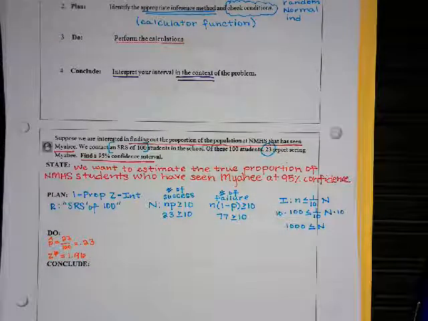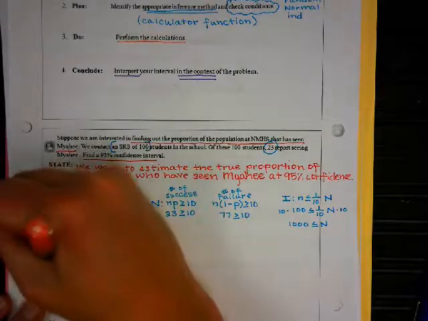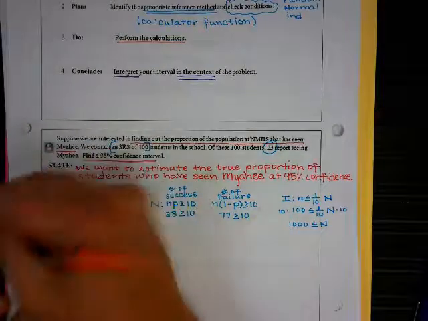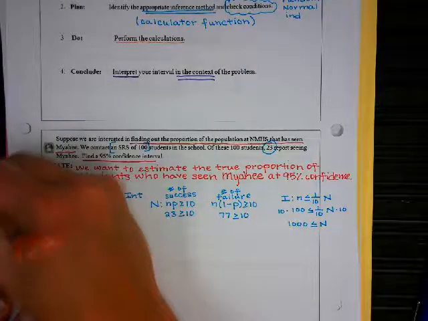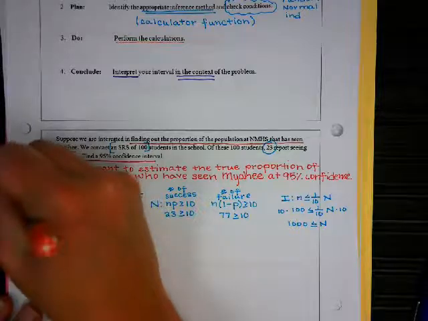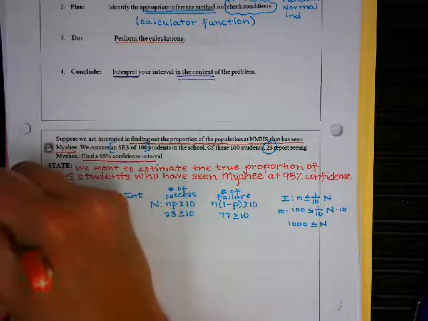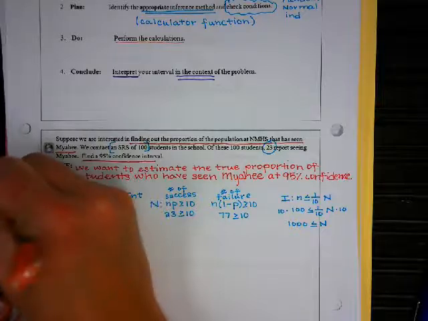But if you just plain forgot it, you do know how to find it using inverse norm. Remember, you have to add one of the tails. So we would have 0.975 for our area, 0 for the mean, 1 for the standard deviation.